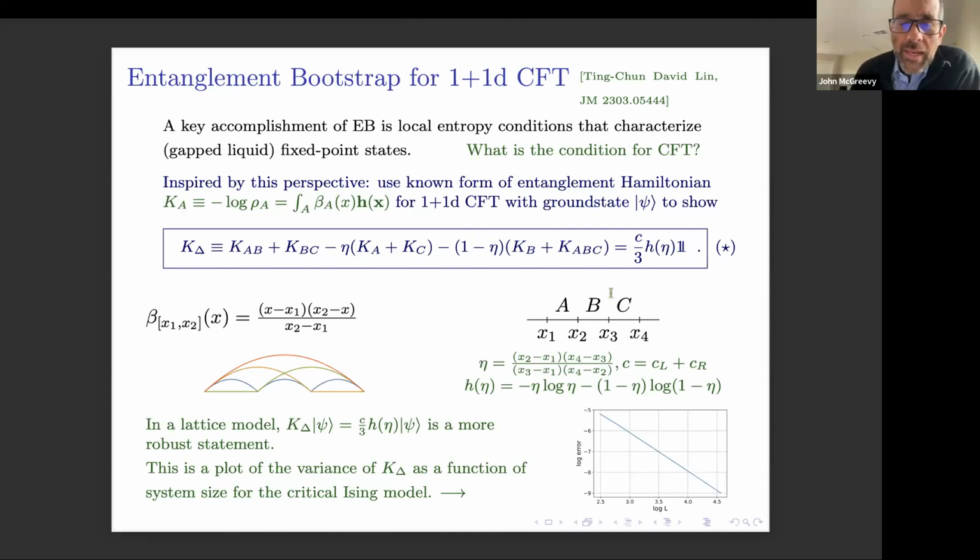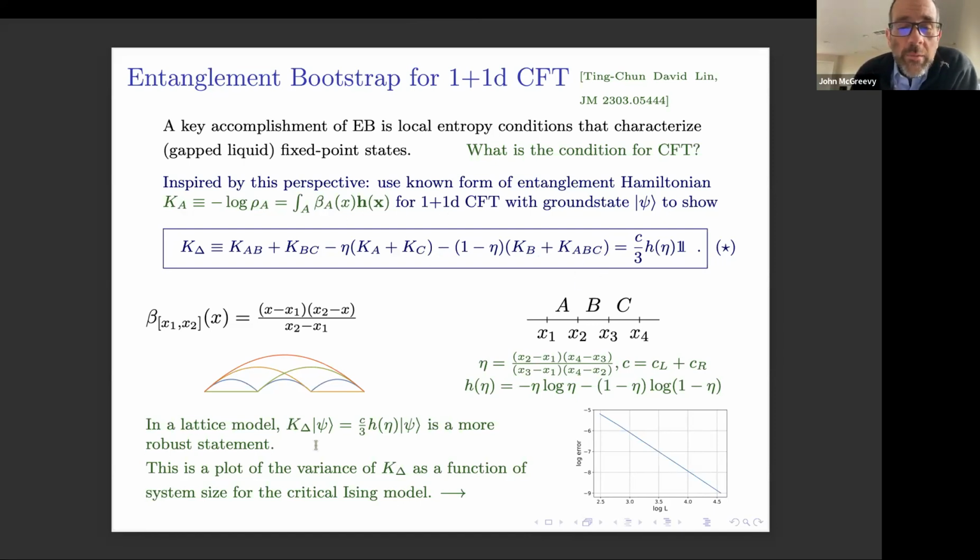Now, as a formal statement about CFT, it's just a fact. We can ask if I have some quantum critical state, like a wave function on the lattice made from the critical point of some Hamiltonian, is this identity true? Actually, in that case, it's a little hard to check the operator identity because generally the reduced density matrix has some kernel, and so its log is not so well defined.